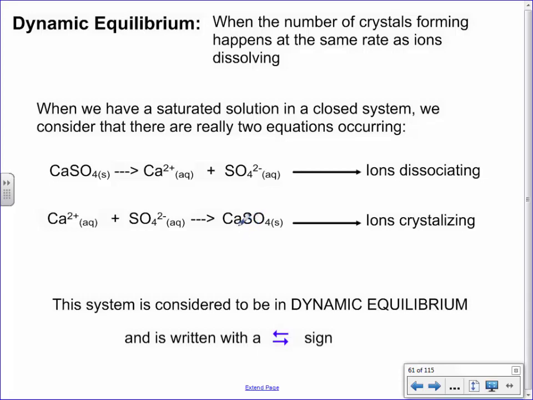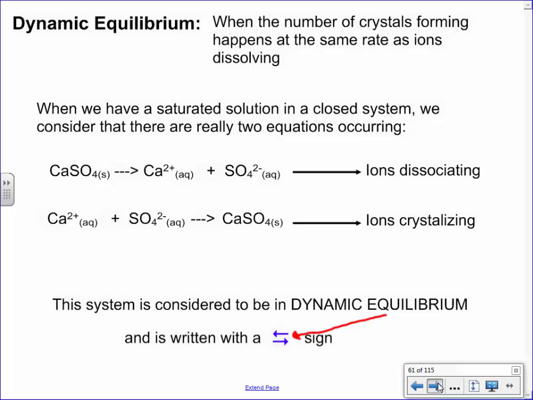But here they're breaking apart. Here they're coming together. Here they're breaking apart. Here they're coming together. The amount that's either dissolved or solid is really the same. So if you ever see a double-sided arrow, it refers to something called an equilibrium, where there's actually two equations happening at once. This one breaking apart, but simultaneously this one coming back together.